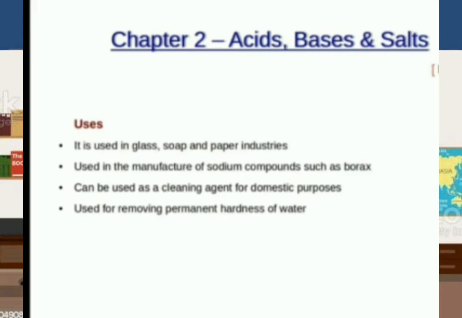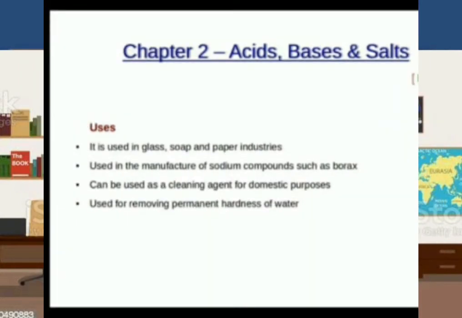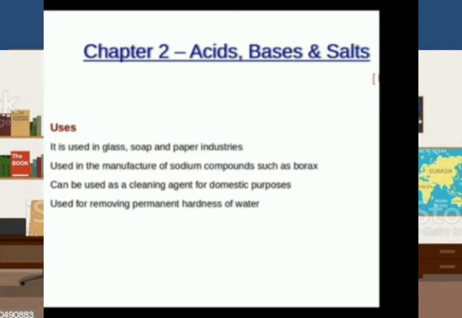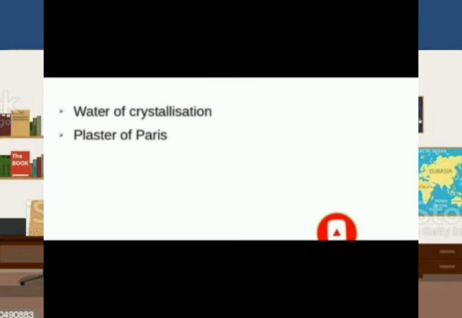It can be used as a cleaning aid for domestic purposes, and for removing permanent hardness of water. And next we are going to discuss water of crystallization and plaster of Paris.